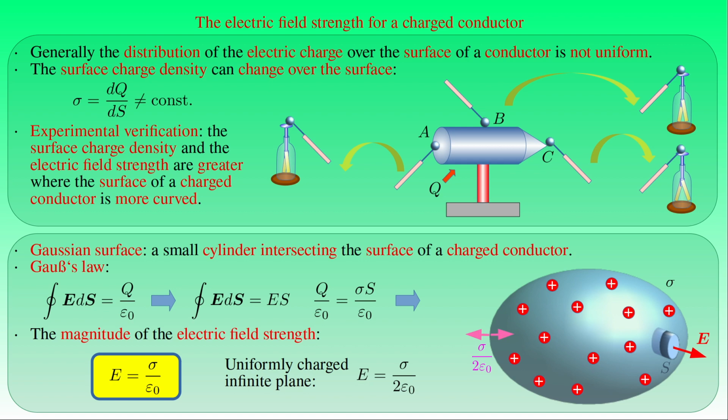However, the rest of the charges distributed over the whole surface also give a contribution to the electric field, which is equal to the same surface charge density sigma over 2 times epsilon naught. As a result, the total electric field at the given point is equal to 2 times the local field, that is sigma over epsilon naught outside the conductor, and vanishes within the conductor.